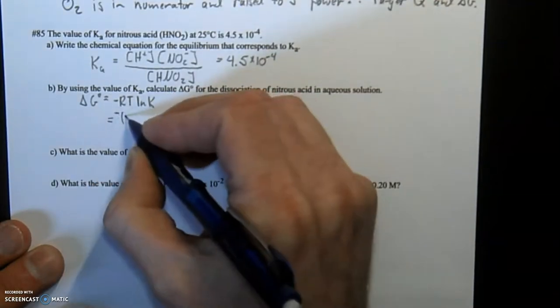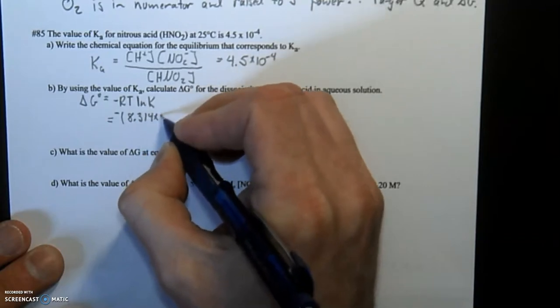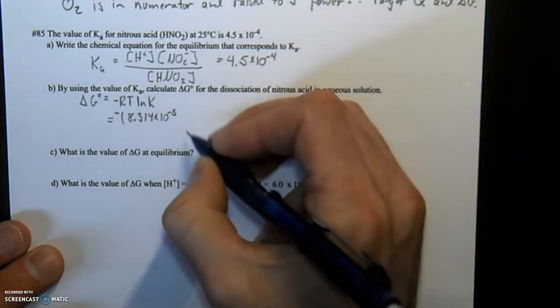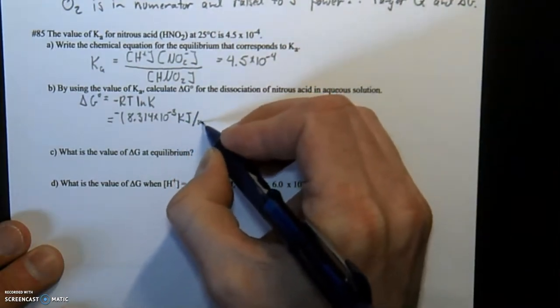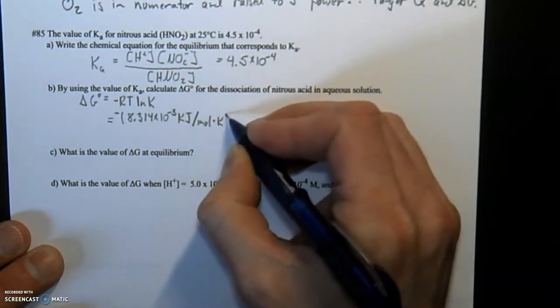The way I'll write this in is negative 8.314 times 10 to the negative 3, so changing joules to kilojoules, just making sure the units are all the same. Kilojoules per mole per Kelvin, if I'm not mistaken.